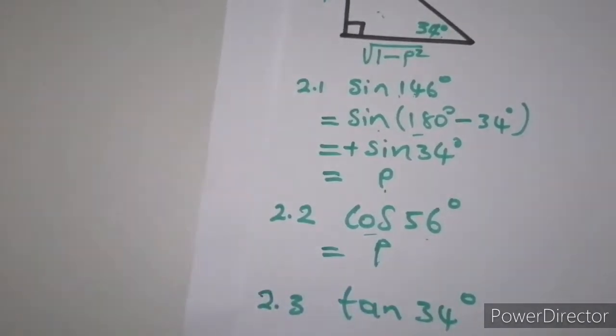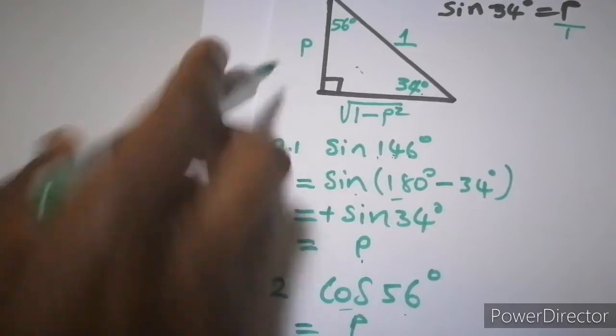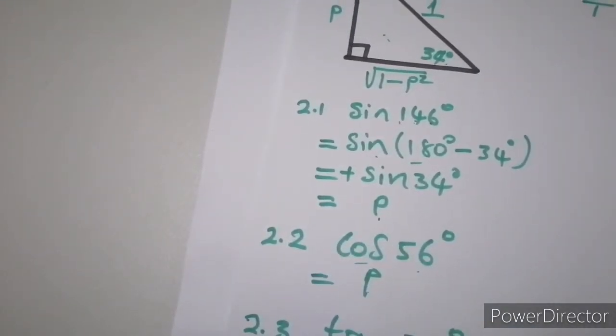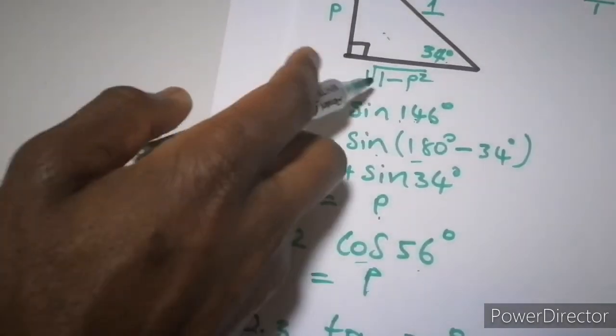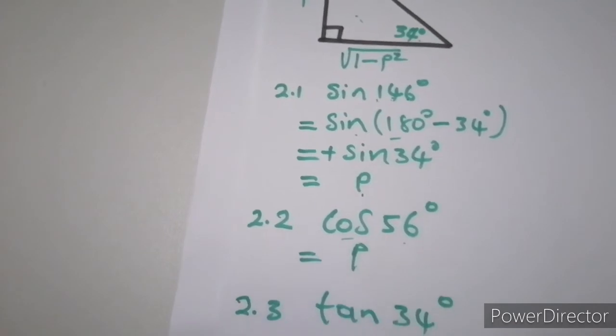The opposite of 34 degrees is P. The answer is P divided by the adjacent side, which is the square root of 1 minus P squared. That's it.